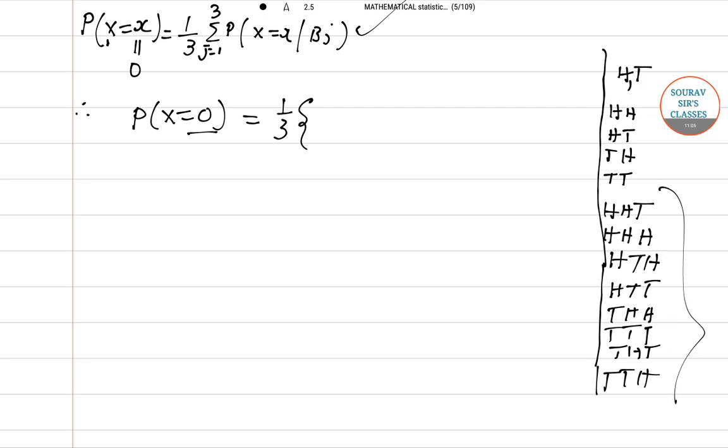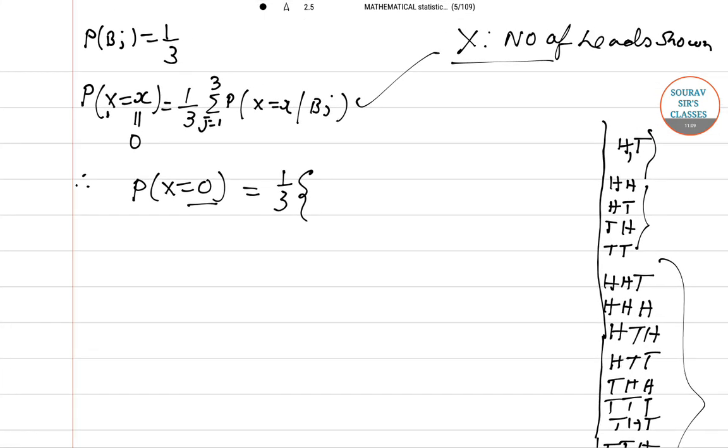So there are 8 possibilities, 4 possibilities and 2 possibilities. Now simply, P(Bj) is 1 by 3, where j equals 1, 2, 3, that is the number of the ball.